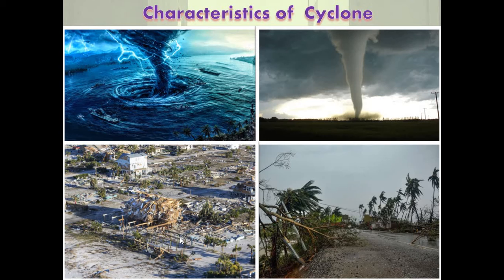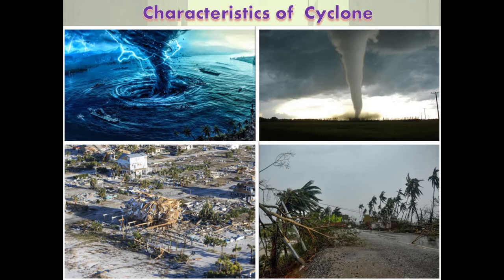Okay, then category 3 is 207 km per hour, and from this type of cyclone we can only be saved in an underground tunnel or underground area. Then category 4 is dangerous, 252 km per hour, and category 5 is 305 km per hour. It's a speed like a bullet train. Okay, it is also called super cyclone or super cyclonic storm.